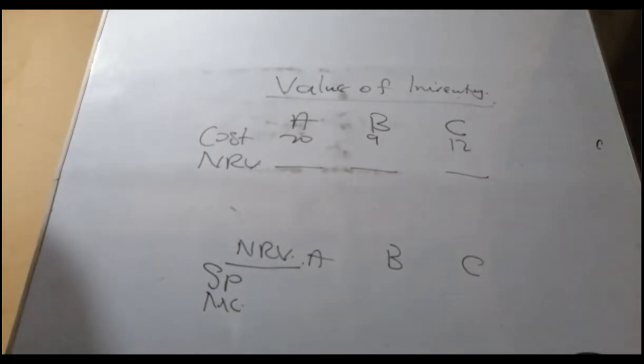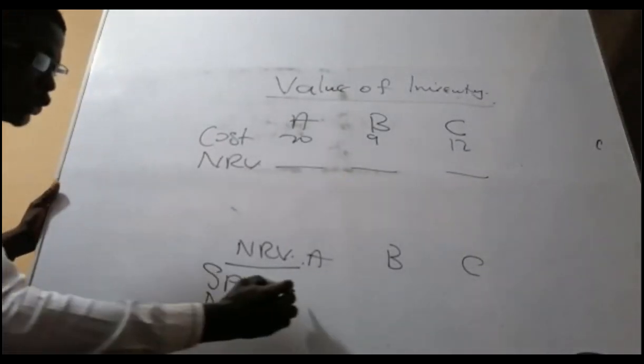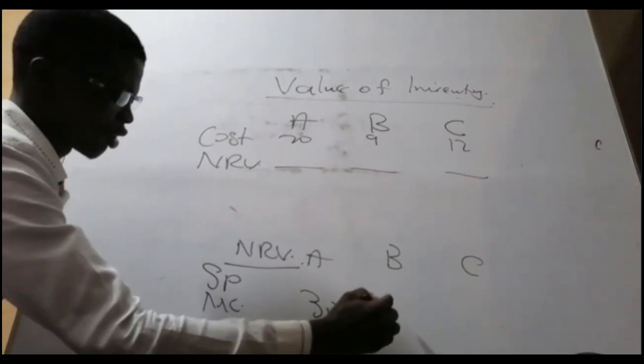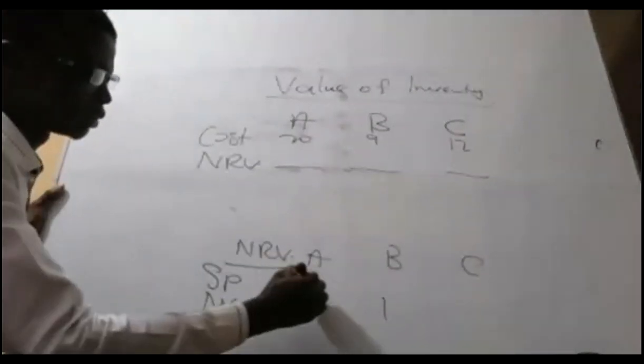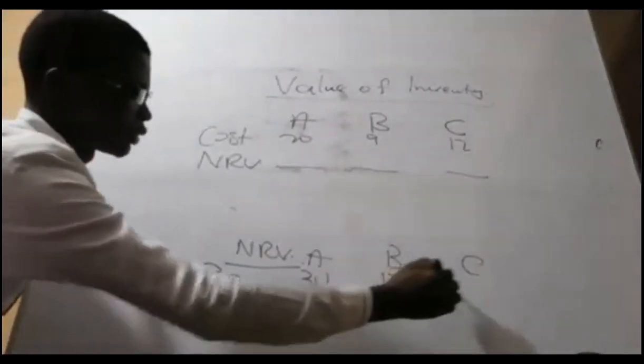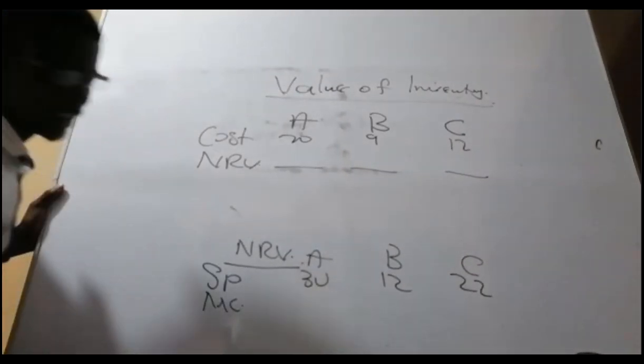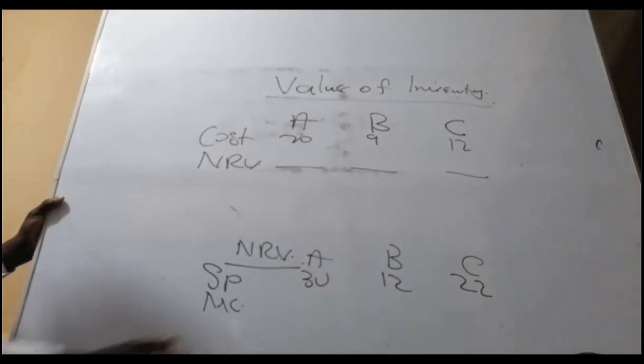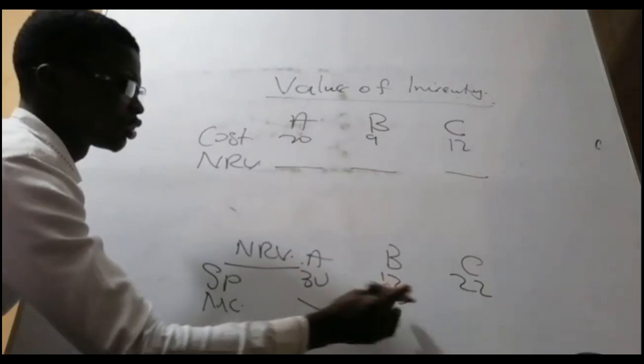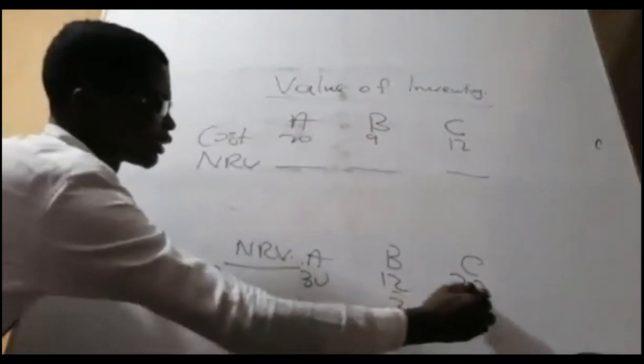The selling price of product A is 30, 12, 22. Then the modification cost is dash to 8.